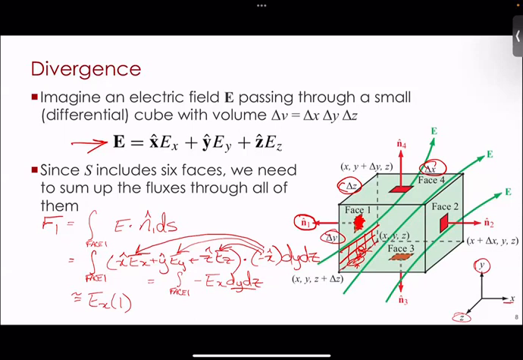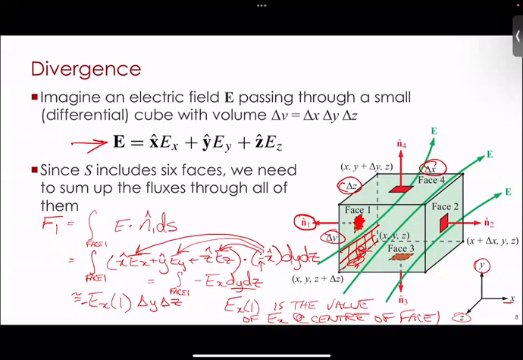So all of that comes down to delta y, delta z, where Ex at 1, and we should have a minus sign here because it comes from that minus sign there, is the value of Ex at the center of face 1.